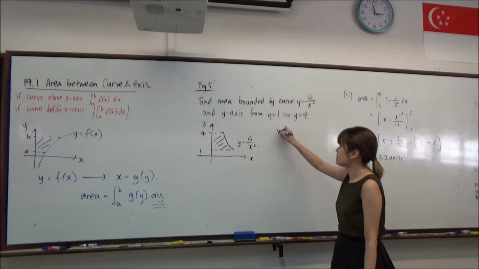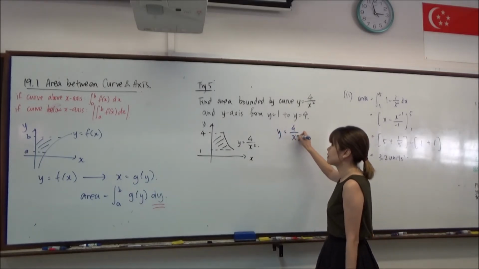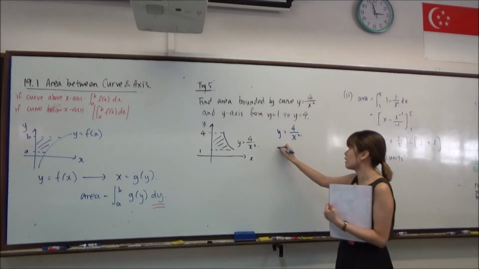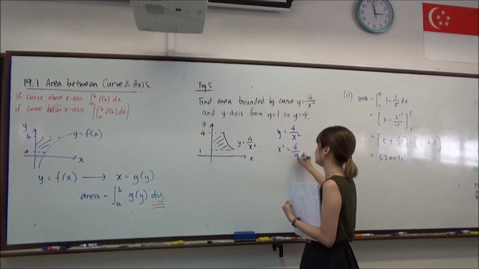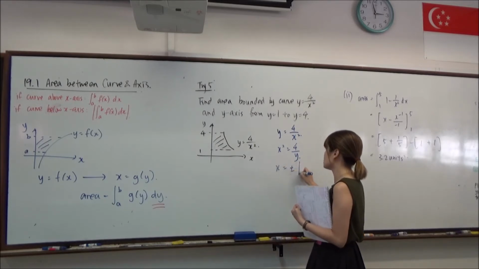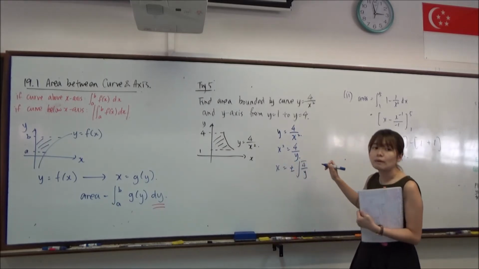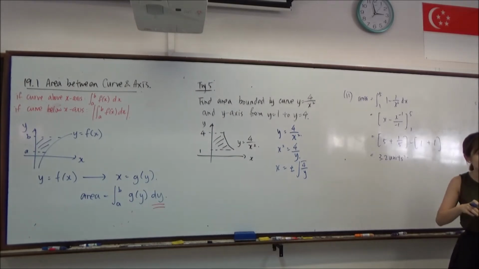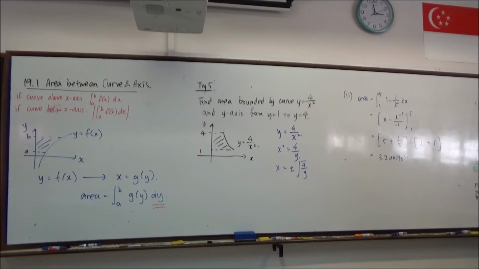So in this case, if I have y equals 4 over x squared, I need to manipulate this equation to make x the subject first. So x squared is equal to 4 over y, so x is equal to positive or negative square root of 4 over y. Whenever we take a square root, we have both positive and negative. How do we decide? I surely cannot integrate such a function.